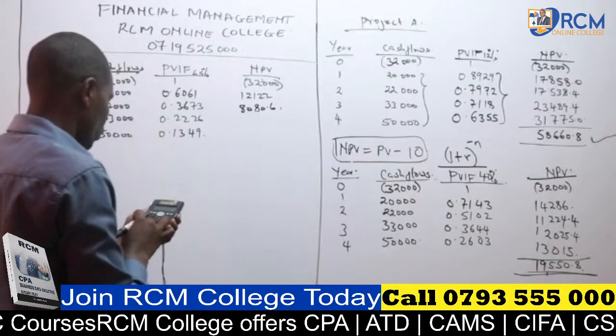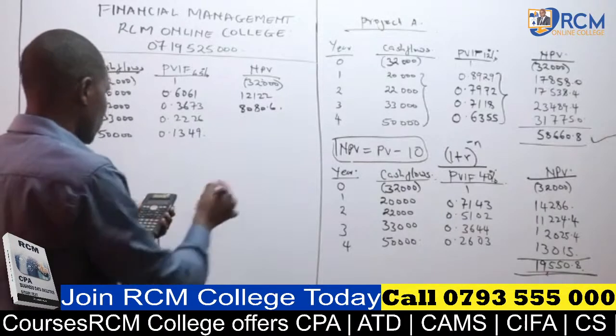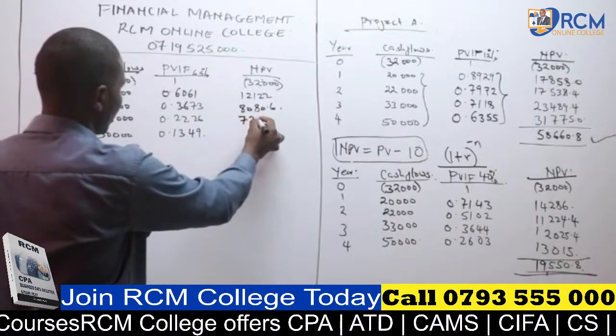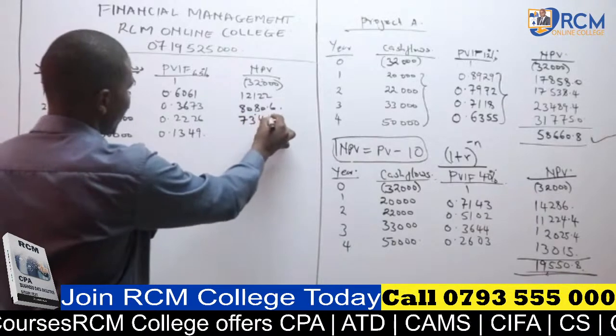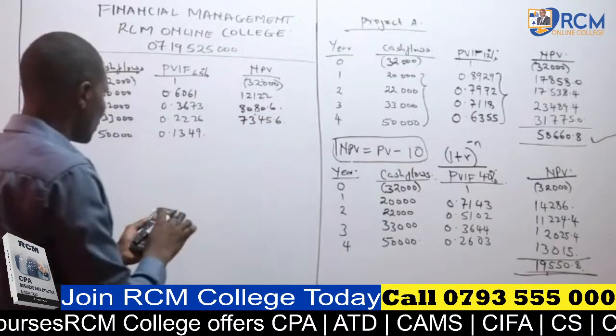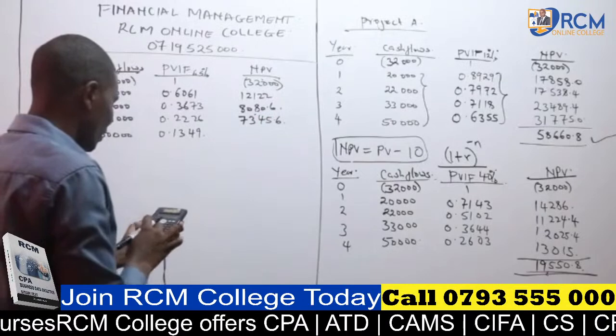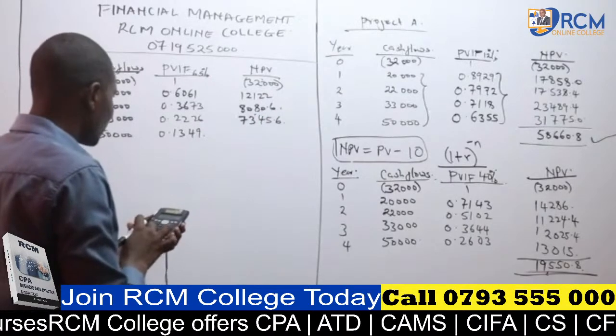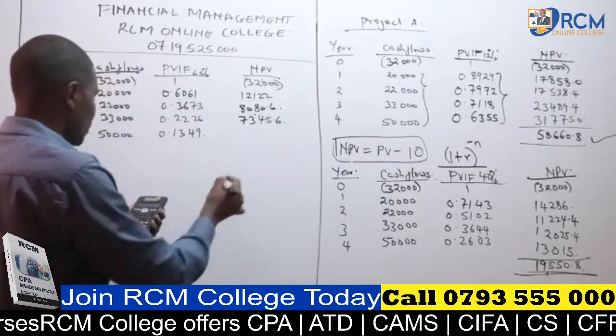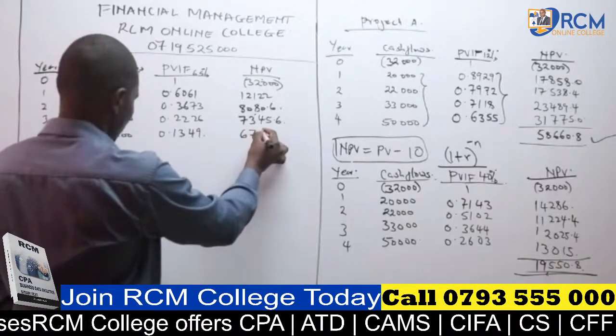Times 0.2226 gives 7,345.6. 50,000 times 0.1349 is 6,745.